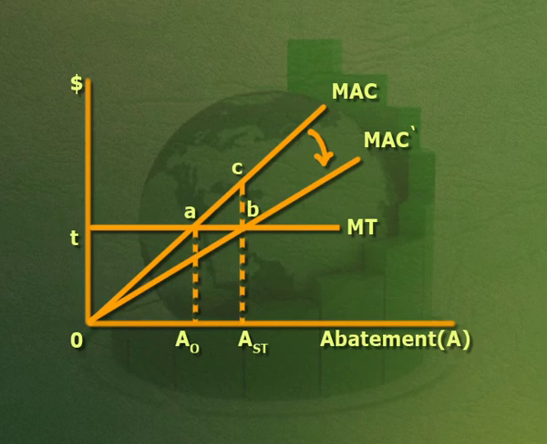As a result, if the firm is faced with the option of abating or paying the unit tax at each abatement level up to AST, it would be better off abating up to AST. In this case, the technological change helped the firm avoid paying emission charges.